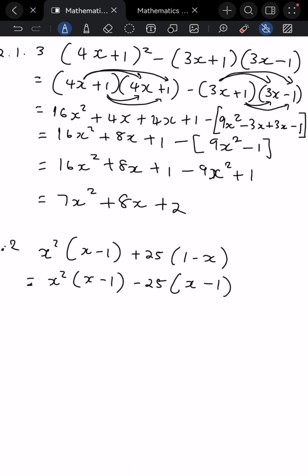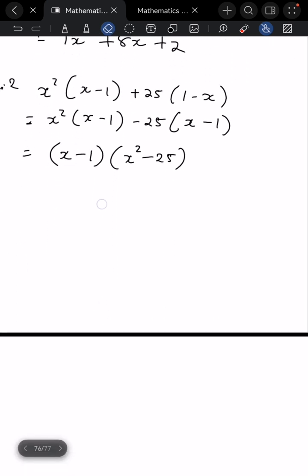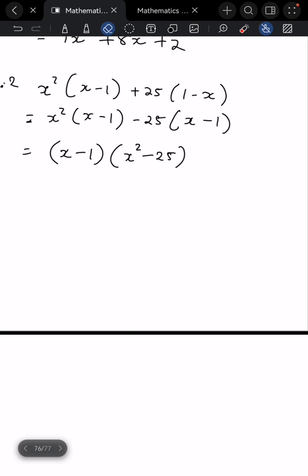And then we're going to have (x minus 1) times (x squared minus 25). That's the factorization. Probably you don't understand it strictly from what I did here. This is the solution. But let me explain it to you in the best way I can possibly imagine.